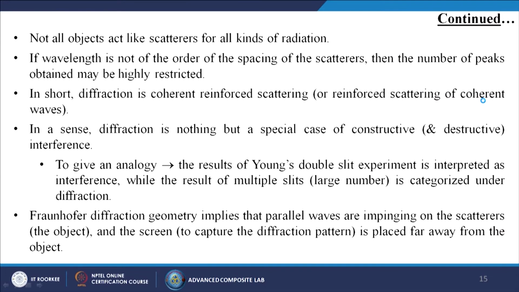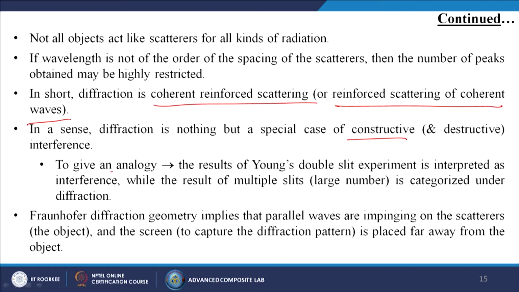Not all objects act as scatterers for all kinds of radiation. If the wavelength is not of the order of the spacing of the scatterers, then the number of peaks obtained may be highly restricted. In short, diffraction is coherent reinforced scattering, or reinforced scattering of coherent waves. In a sense, diffraction is nothing but a special case of constructive or destructive interference.